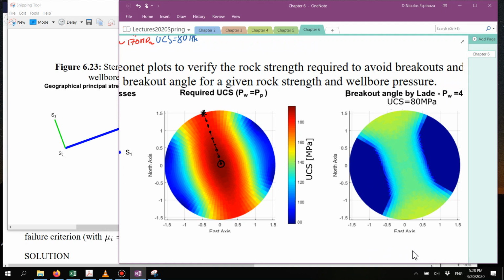And by superimposing the deviation survey with the particular computation of wellbore stability, we can tell then what is going to be the path of such wellbore.